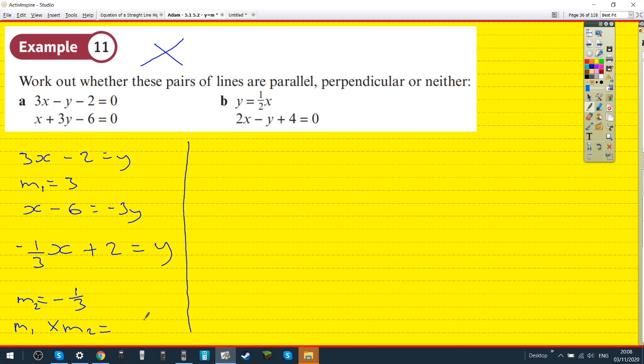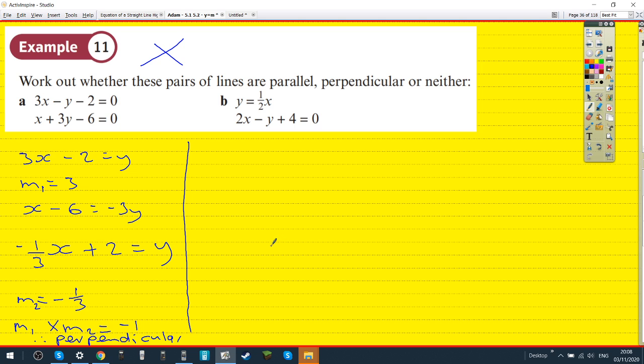Minus 1. Therefore, they are perpendicular. If two gradients multiply to give you minus 1, those gradients must be perpendicular.